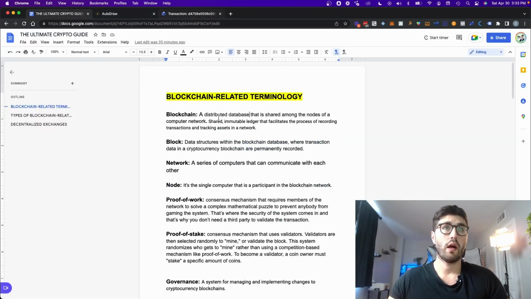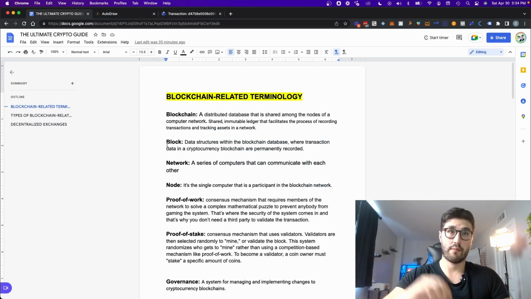So the second terminology is block, right? A block is basically a data structure within the blockchain database where the transactions of the cryptocurrency blockchain are permanently recorded, okay?